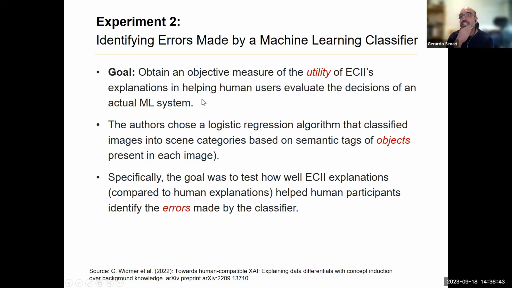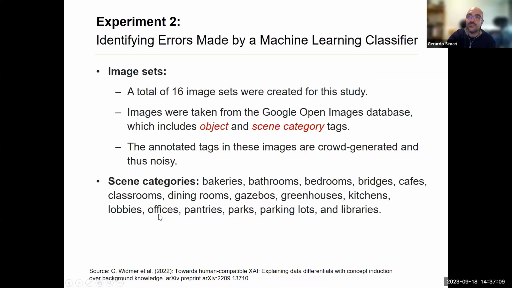So they have a logistic regression algorithm for classifying images into scene categories, based on semantic tags that are basically referring to objects in images. And again, the goal was to test how well these explanations compared to human ones. In this case, they didn't have any random ones, and they helped human participants identify errors made by classifiers.